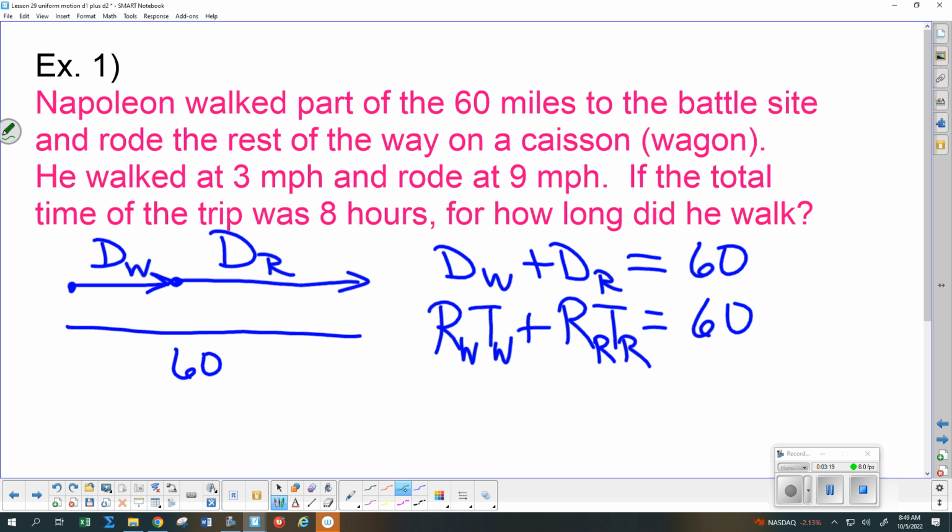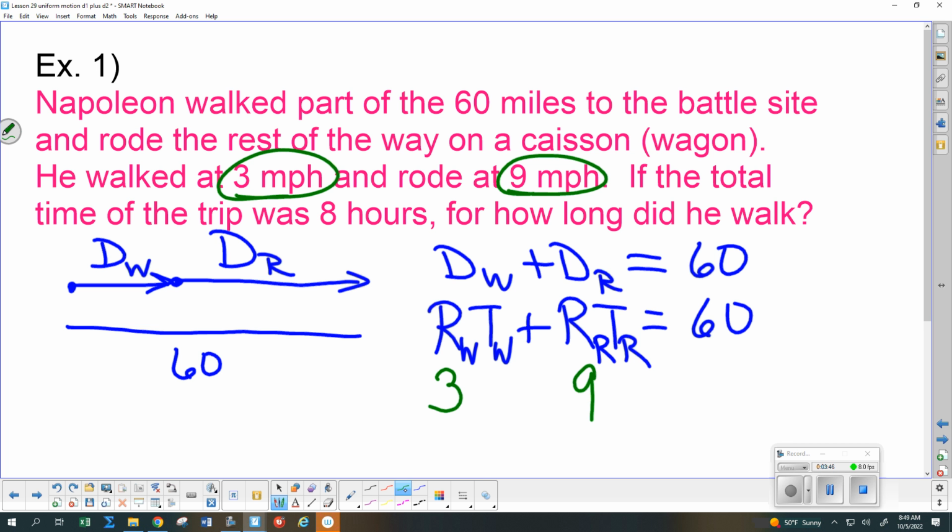The faster you volunteer, the more work time you end up with. Read the rest of the problem. What else can we plug in? Lucia? 3 for rate walk. Thumbs up, thumbs down. Are we good with that? Okay, so we've done these two.